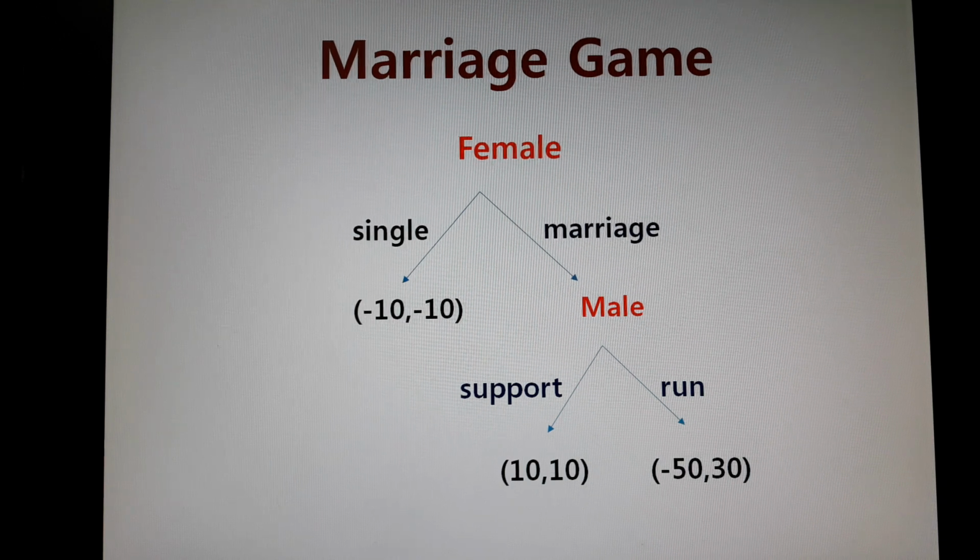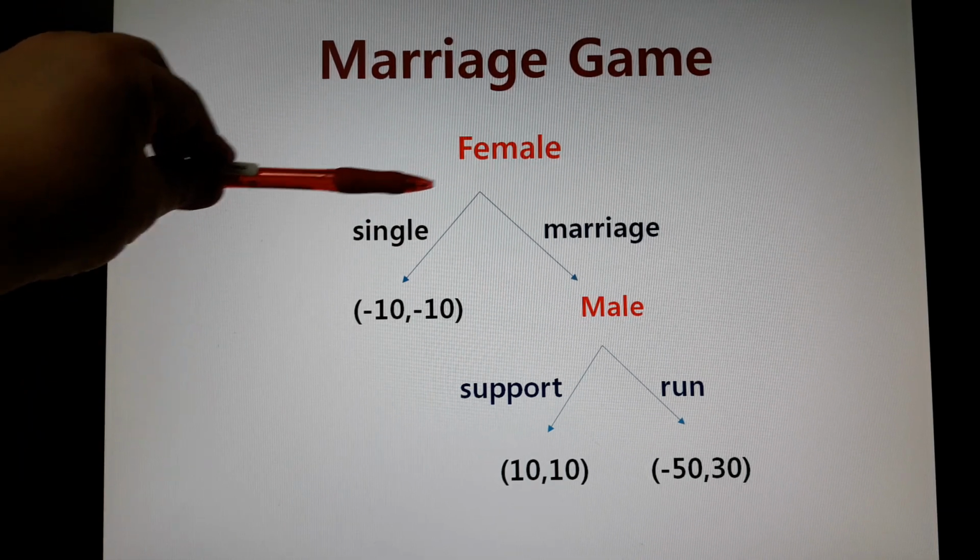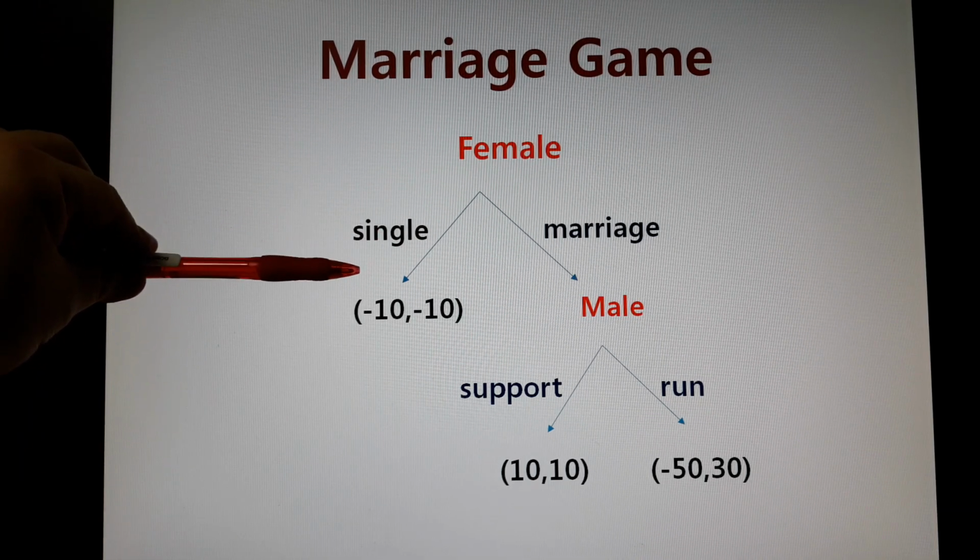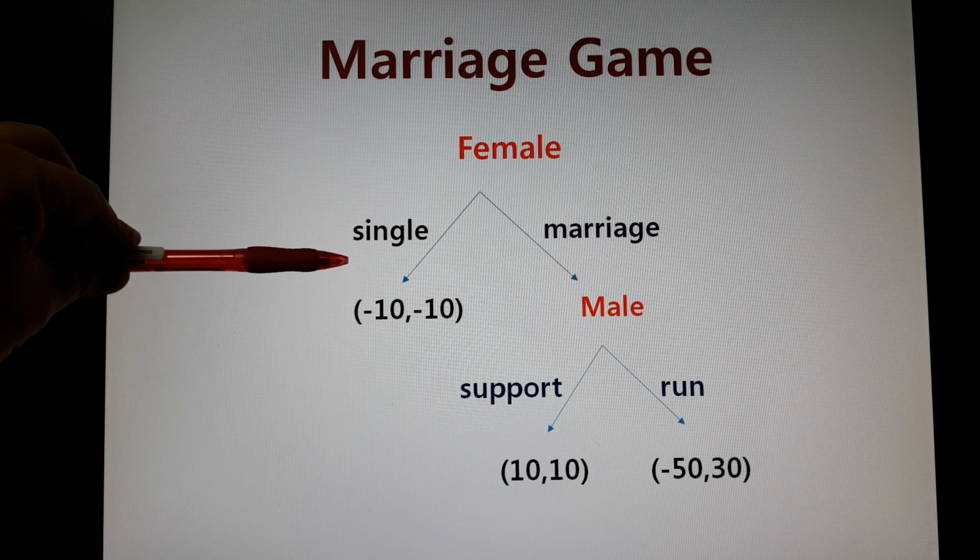Okay, so there is a male and a female. It can be human, it can be animal, but anyway, as long as there's a female and male, it goes as follows. The female can choose to be single, never get married, and never have a child.